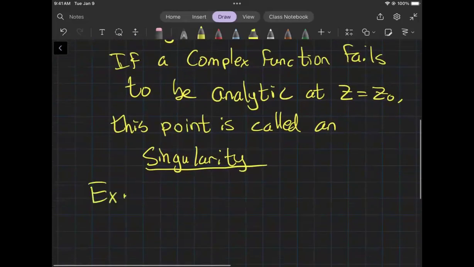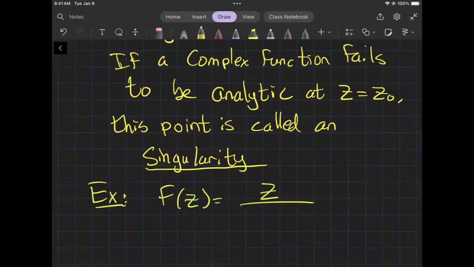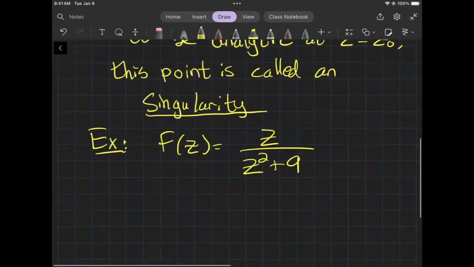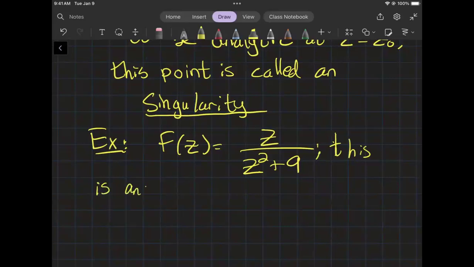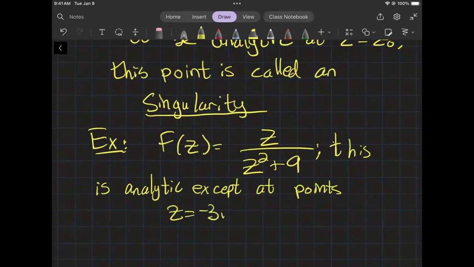As a quick example, if I have a complex function f of z as z over z squared plus 9, in the complex numbers this function is analytic except at the points z equals minus 3i and z equals positive 3i.